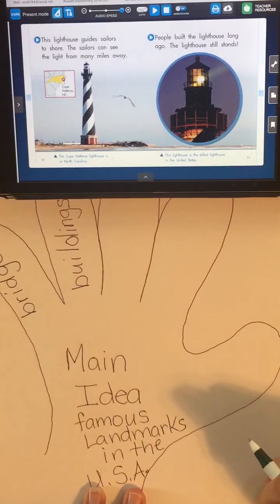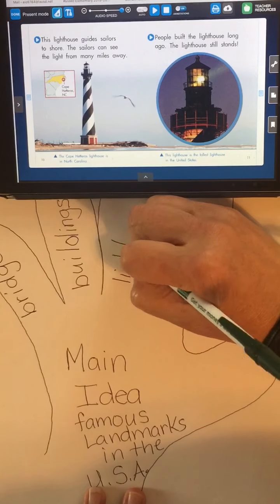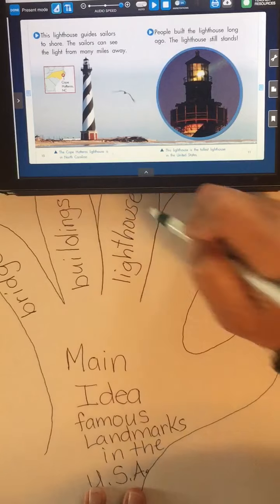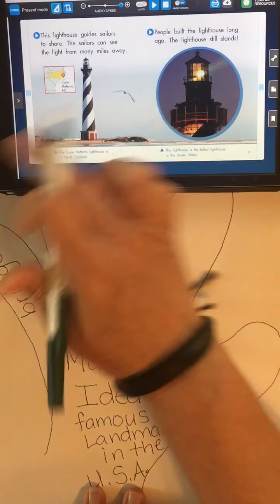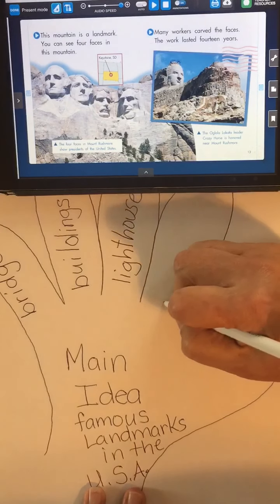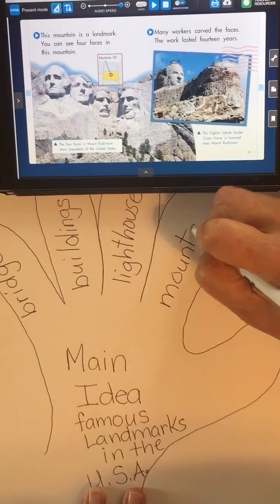The next detail talks about a lighthouse being a landmark. The next page talks about mountain being a landmark.